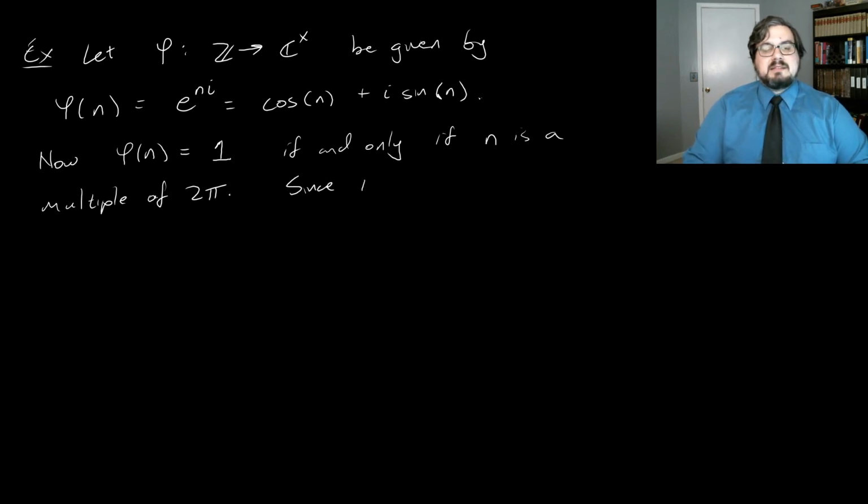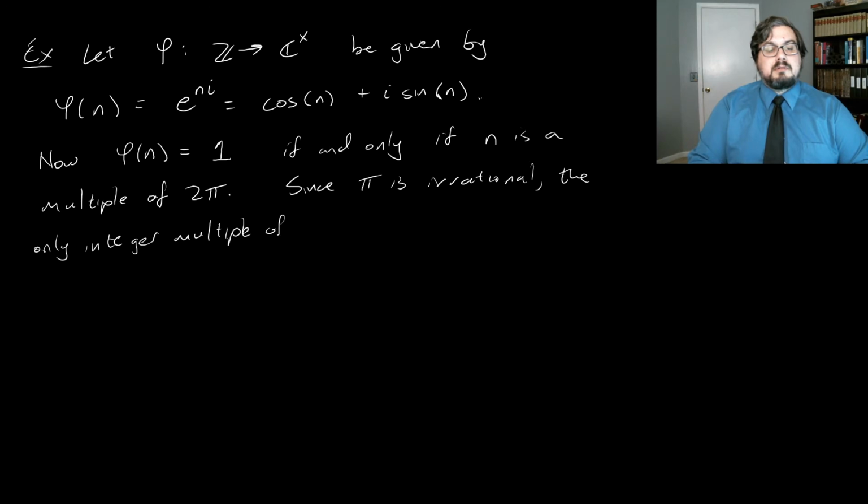But since pi is irrational, the only integer multiple of it is 0. So that means that the kernel of phi is in fact just the number 0 again.